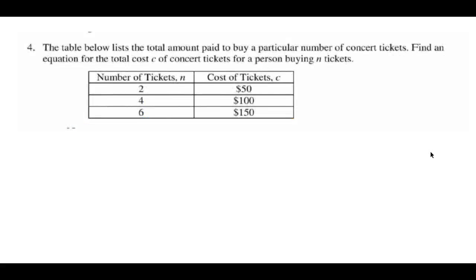Now, for something like this, we look at the chart here, and we're analyzing because we want to find some sort of equation or expression in which we relate the cost of a concert ticket for the person buying this many tickets.